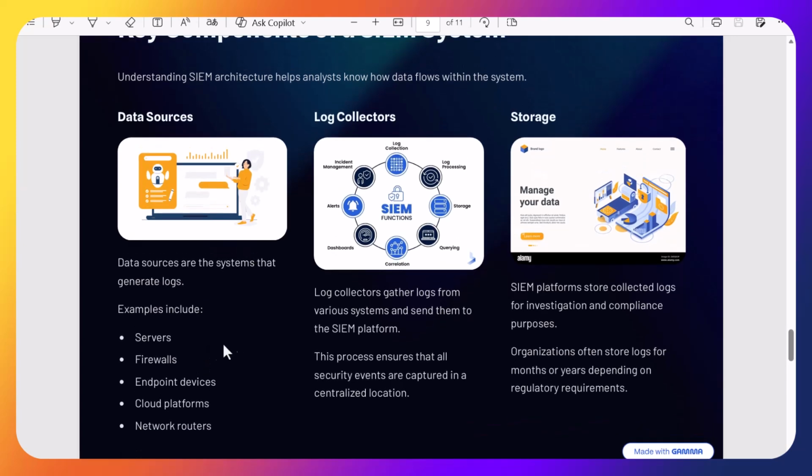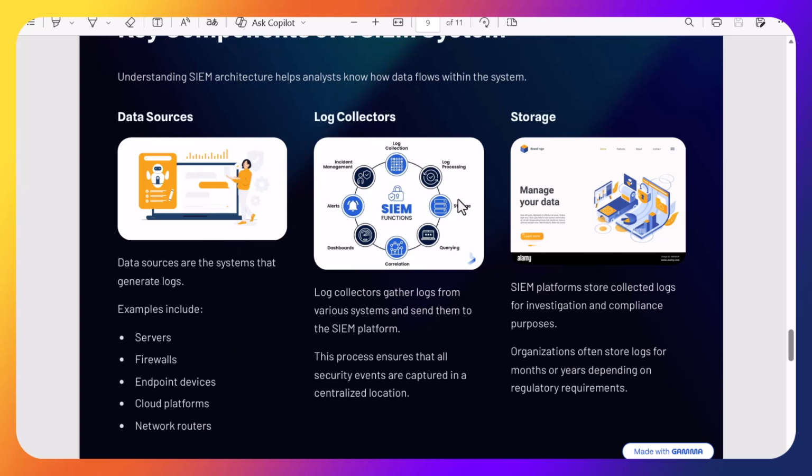Data sources are the systems that generate logs and security events. Examples include servers, firewalls, endpoint devices, cloud platforms, and network routers. These systems produce the raw data that SIEM platforms analyze.